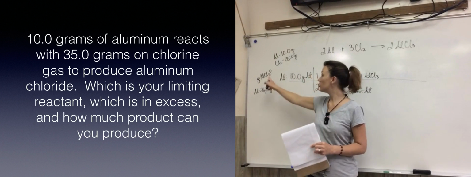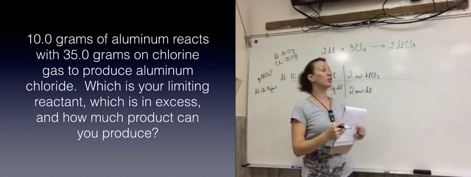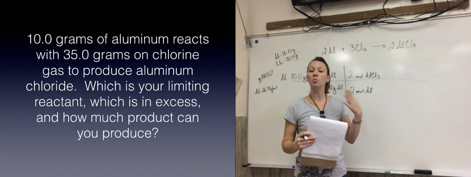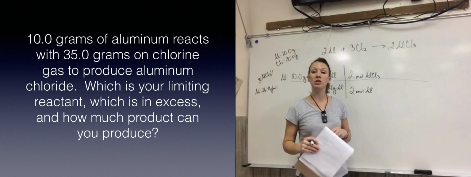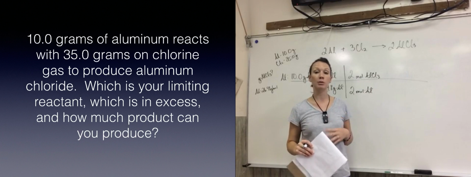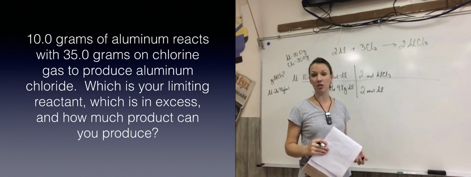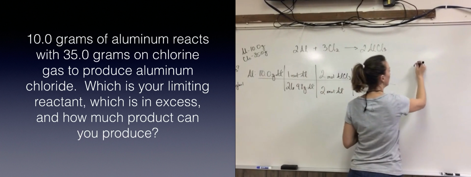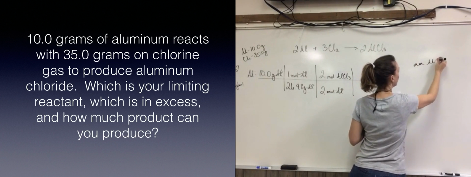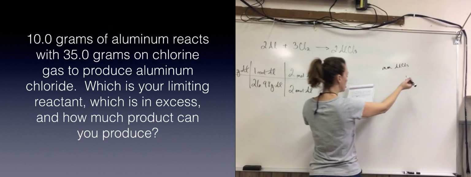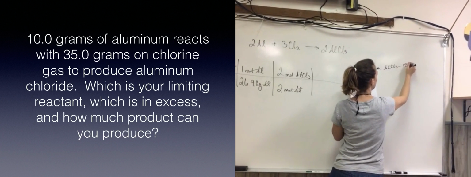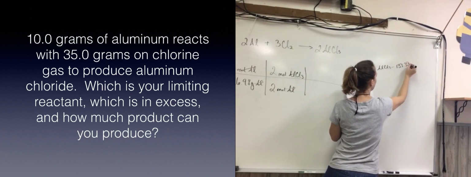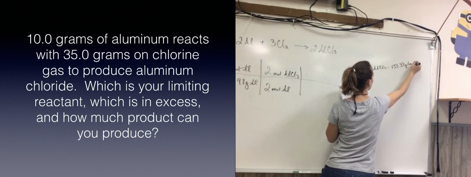Remember, we're trying to solve for grams of aluminum chloride, and we're currently in moles. So we need to do one more step. What we need to do is find the molar mass of aluminum chloride and then plug that in here accordingly. When you find your molar mass of aluminum chloride, what you should end up getting is 133.33 grams per mole.